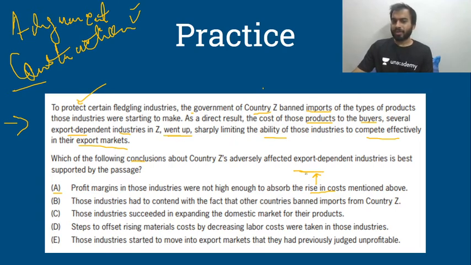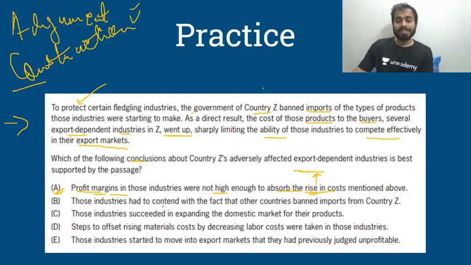So your raw material cost has risen, because of which probably our profit margins went down, and because our profit margins went down, our ability to compete in export markets also went down. Why would this happen? Because profit margins were already low, so you were not able to absorb the rise in cost, right? You were not able to absorb the rise in cost because your profit margins were not high enough. So this is making logical sense to me. But let me look at other options before going ahead with A.